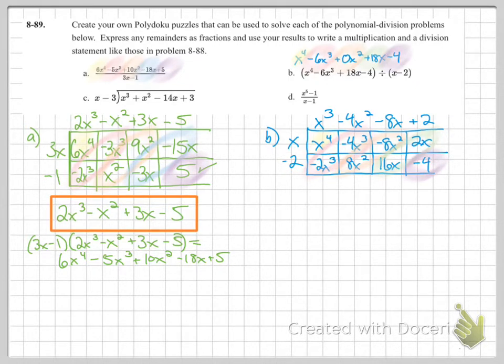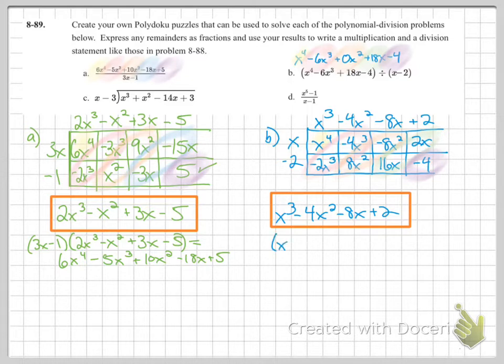So the answer to the division problem is the top. If I wanted to write it as a multiplication statement, I know the left edge times the top edge of our area diagram would equal the polynomial that we divided at the beginning.